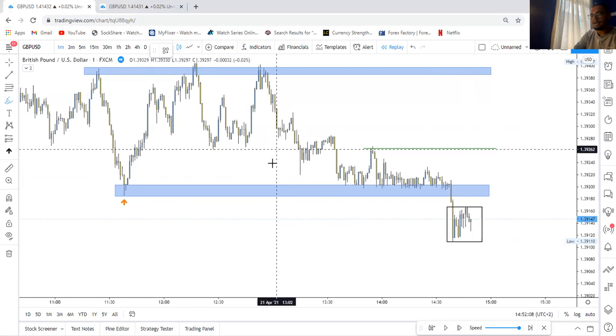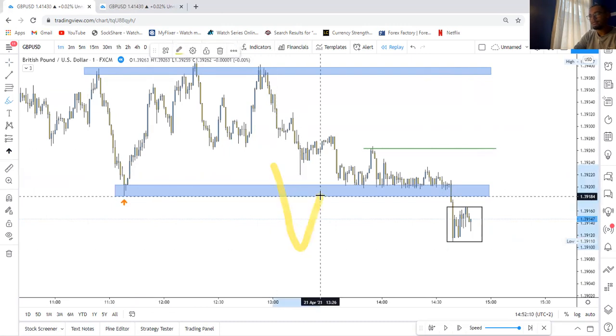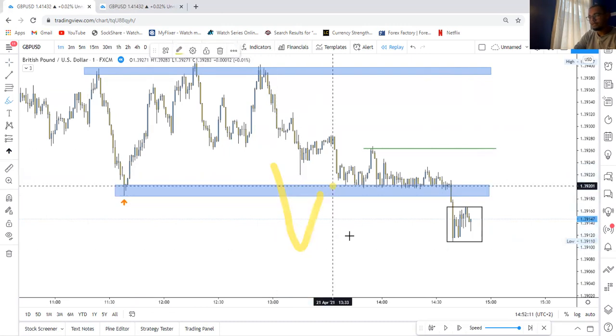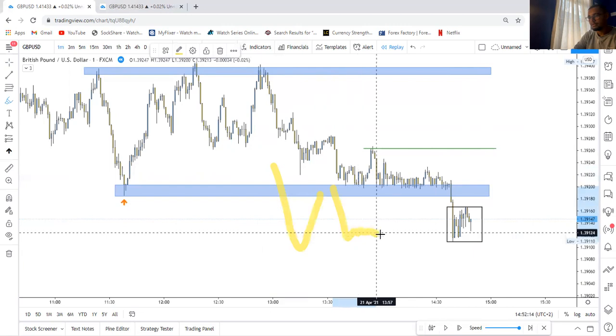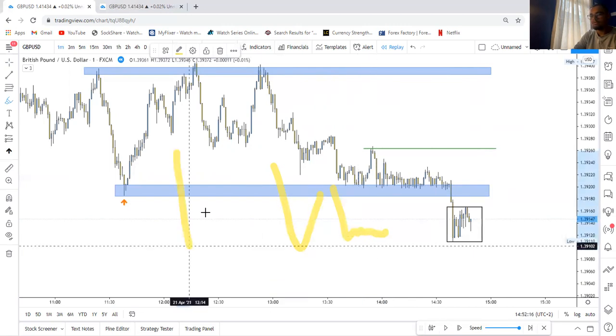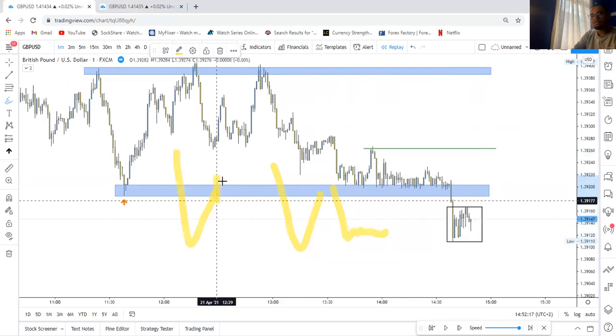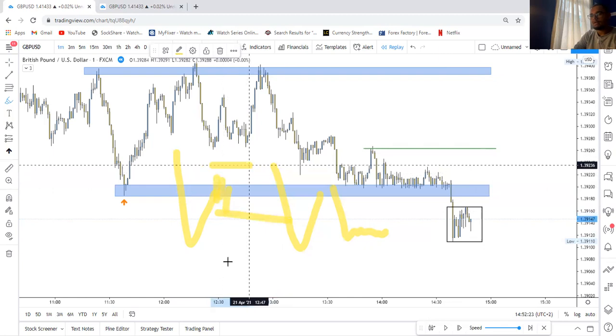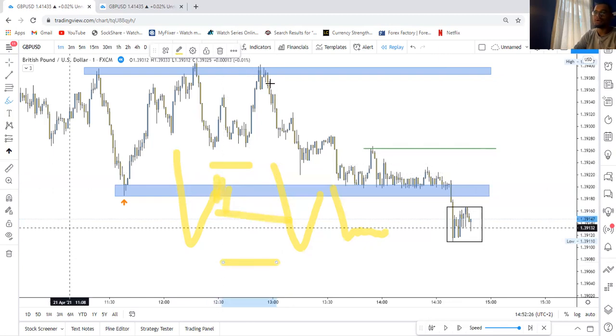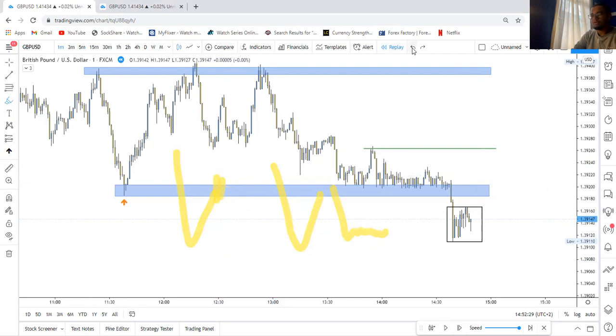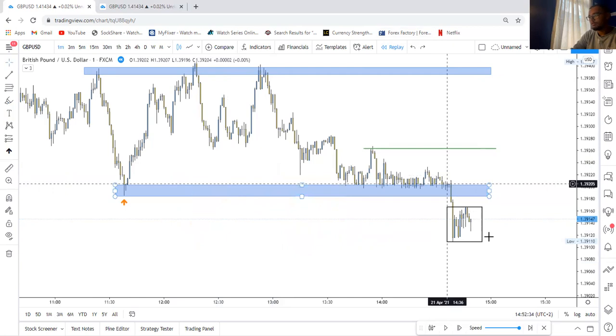If we got a breakout of this, you want a clean move. You don't want something like this. You just want a clean move, weak rejections, and then possibly an engulfing candlestick. Enter on the engulfing, put your stop loss there, and then go for either 1 to 2 or 1 to 3 based on what your stop loss size is. So that's what we are looking for.